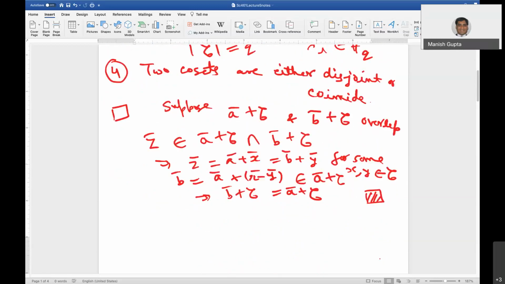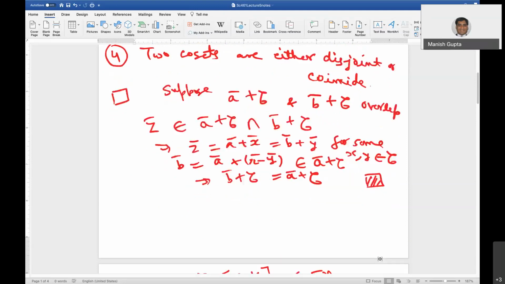Now we can define what is known as the coset leader.